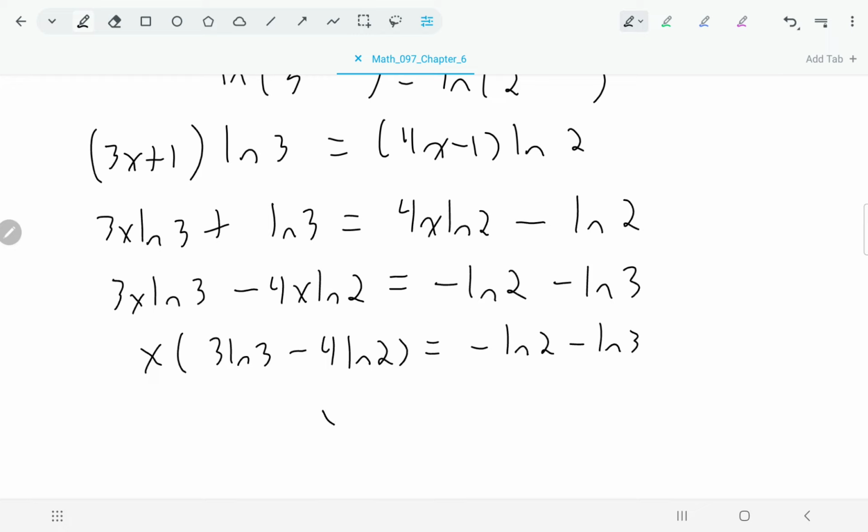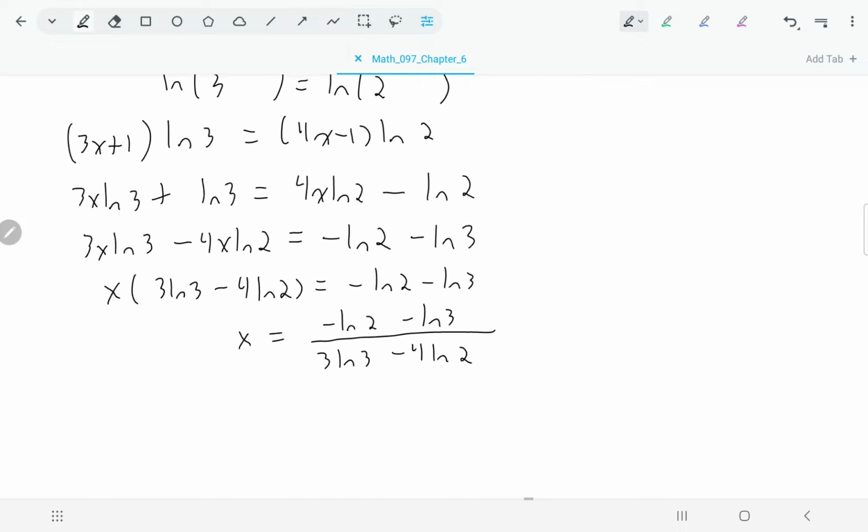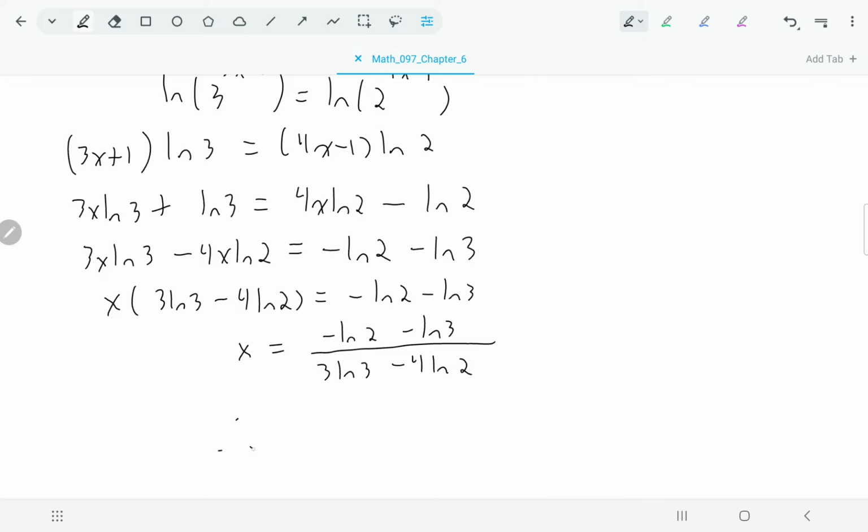And then I can go right ahead and solve for x by dividing, and I'll have my solution. Okay, so I can say that my solution to this equation is the number negative natural log 2 minus natural log 3 over 3 natural log of 3 minus 4 natural log of 2.